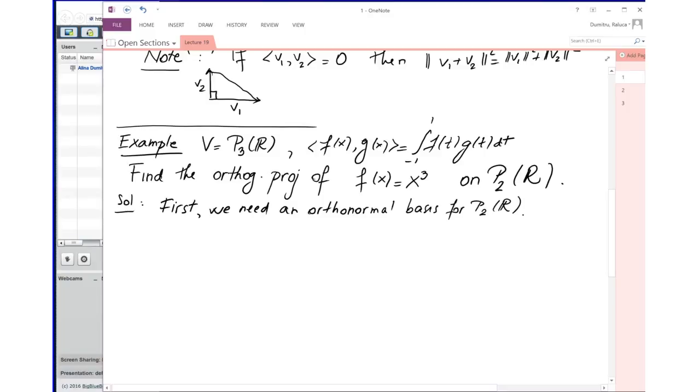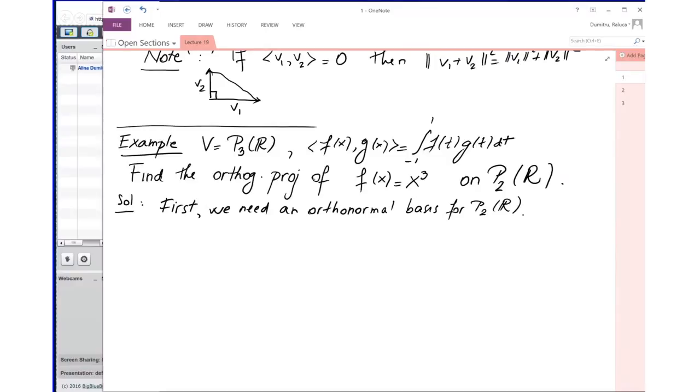Now, how do we get such a thing? How do we find an orthonormal basis for P sub 2 of R? It's going to be in that ugly, messy way, right? It's the Gram-Schmidt.